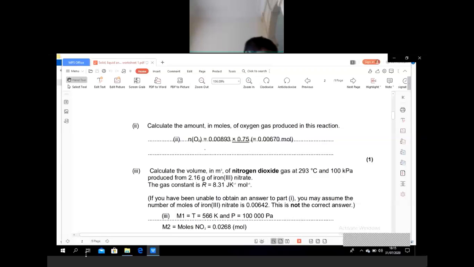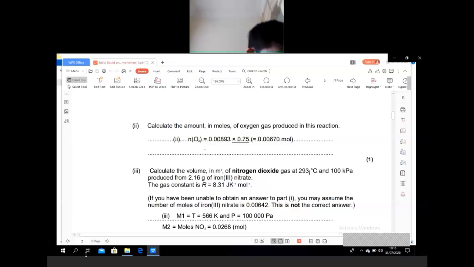We get the mole of 0.0067. Calculate the volume in meter cube of nitrogen dioxide measured at 293 degrees Celsius and 100 kilopascal produced. So here, if the gas constant is the same, we have to convert all the information.